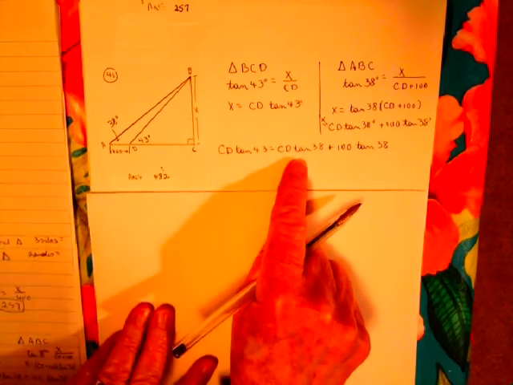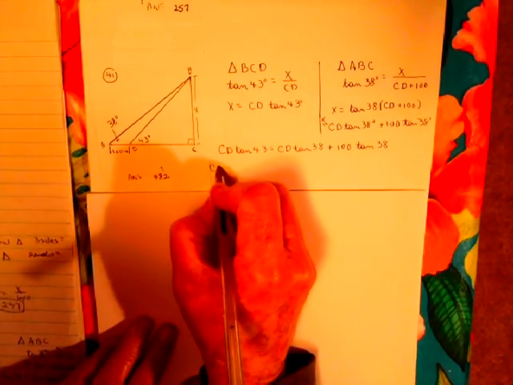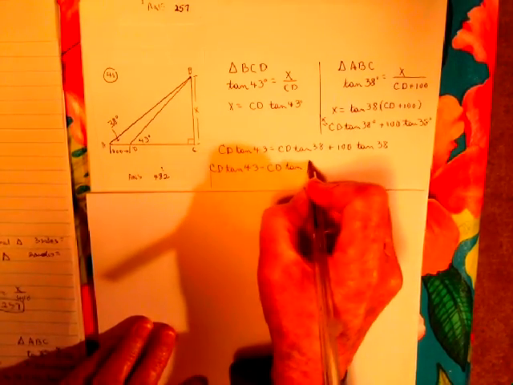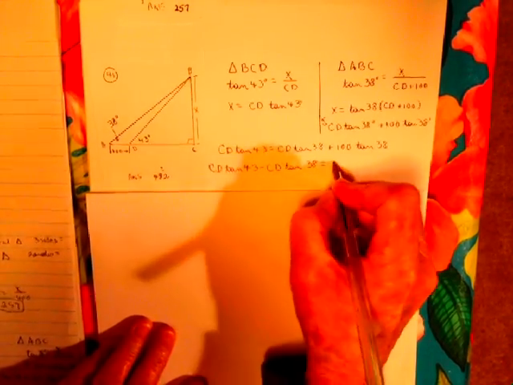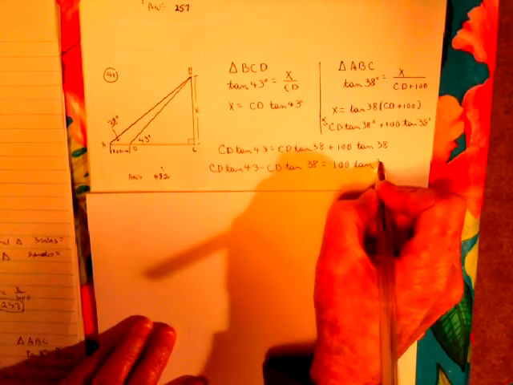In order to do that, I have to get both of these terms that have CD on the same side. CD tangent 43 minus CD tangent 38 equals 100 tangent 38.